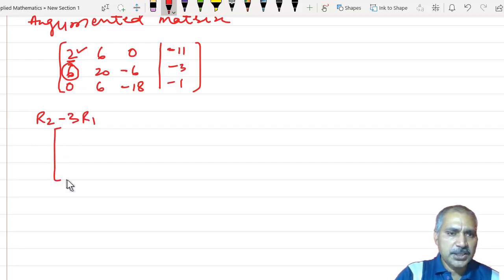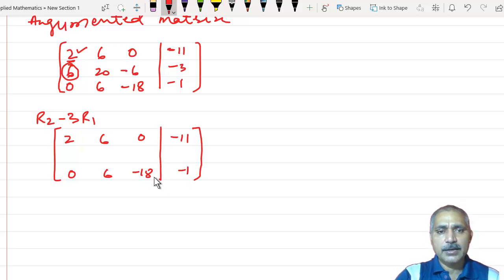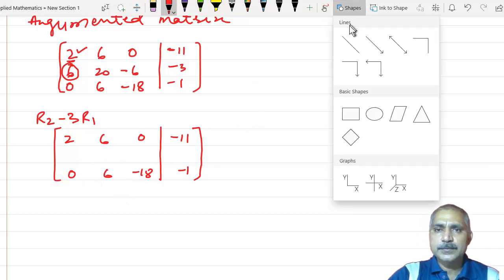Now we are changing R2, so R1 and R3 will remain same, so we will copy paste that. That is 2, 6, 0, minus 11, 0, 6, minus 18, minus 1, and here is the vertical line of the augmented matrix. Now we will be having the rough part.